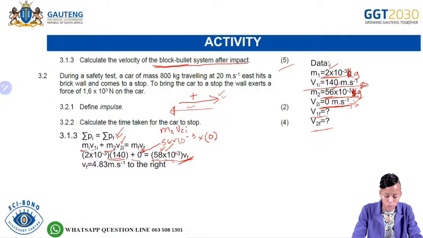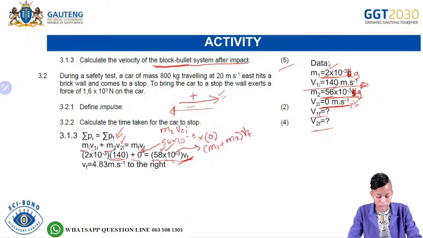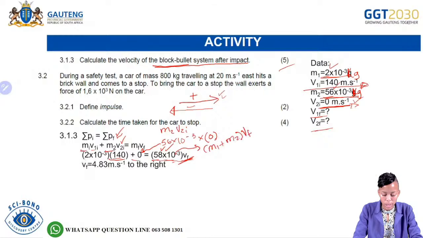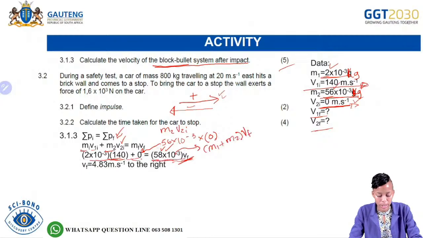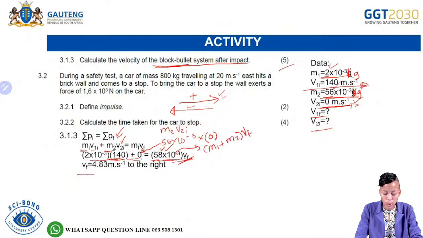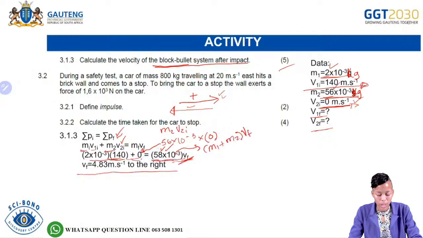To elaborate, you would have the mass of object 1 plus the mass of object 2 combined, and your final velocity. From there, you multiply the left-hand side and divide your answer by the 58 times 10 to the power of -3, and that would give you your velocity.